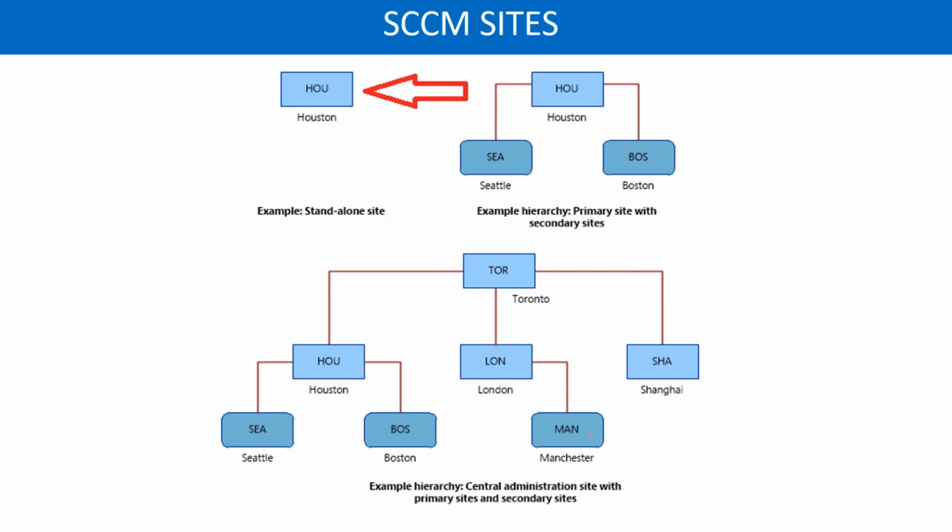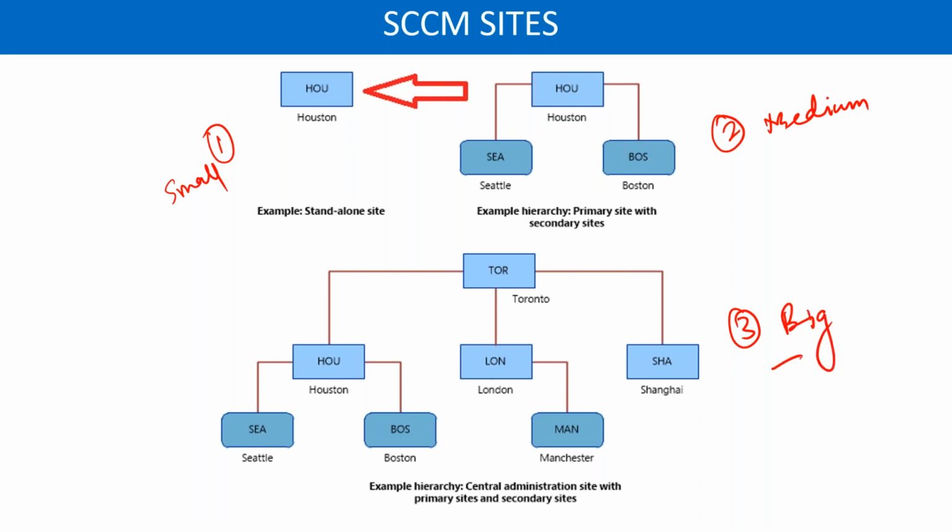Okay, guys. I have already discussed this diagram yesterday, that there are three architectures in SCCM. The first one is for a small size company, the second one is for a medium size company, and the third one is for a big size company.